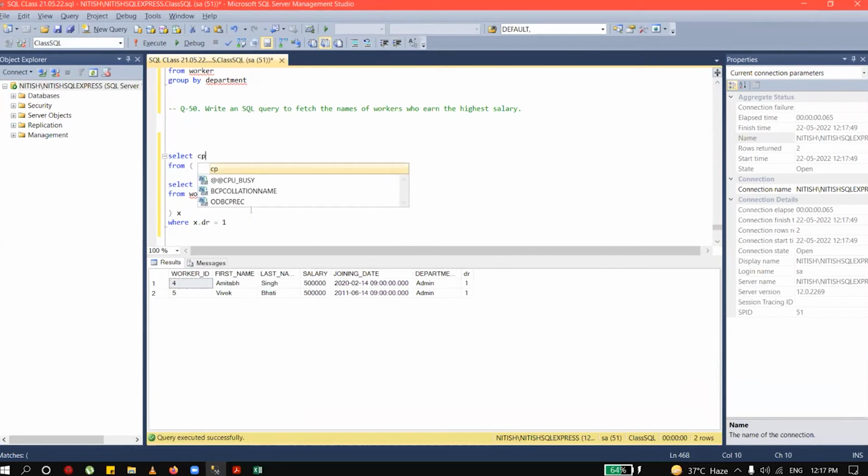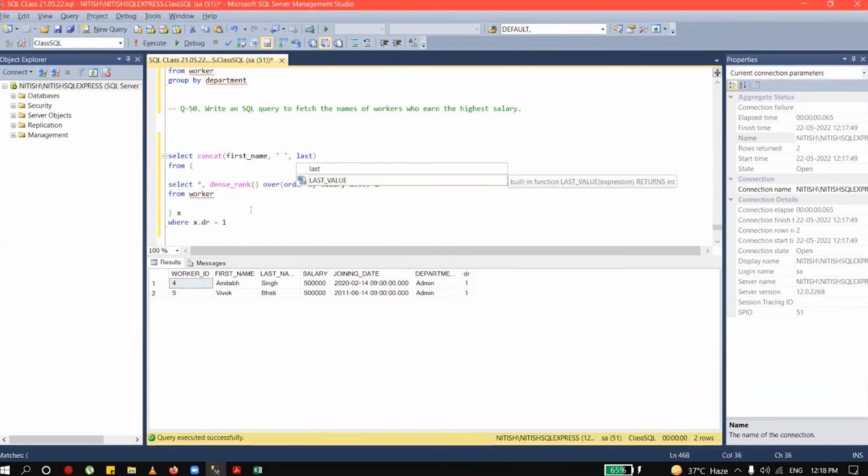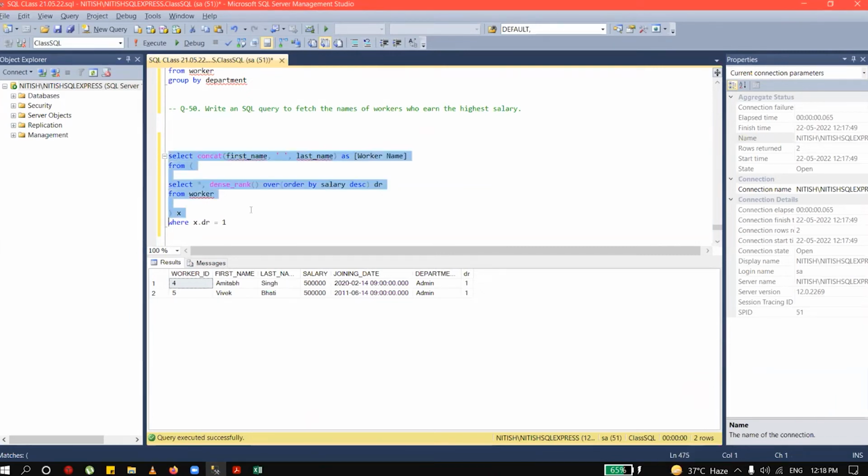So I will write here concat first name, last name, and you can take the worker name also over here. Here is the answer. Amitabh Singh, Vivek Bhati. These are two persons who are earning the highest salary amongst the whole data set, irrelevant of the department. I'm not comparing the departments over here.